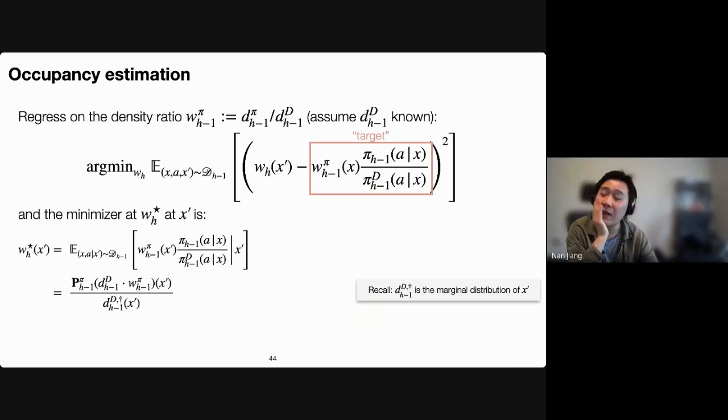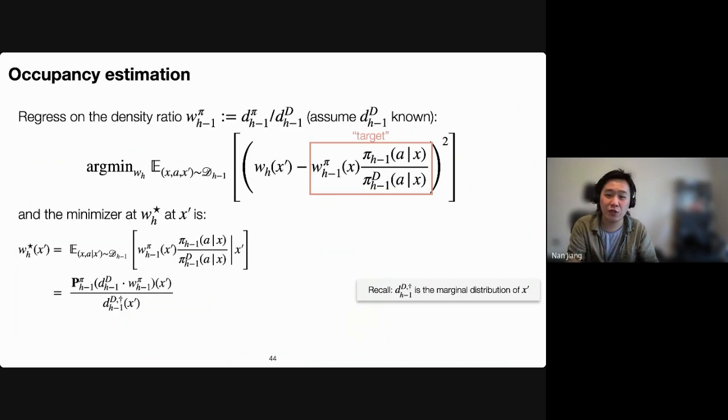Actually, in the appendix we have an alternative way of doing this, which we suspect should also work: you can replace this regression with importance weighted MLE. But you still need to do this kind of importance weighting. Suppose you already have D^pi_{h-1}.